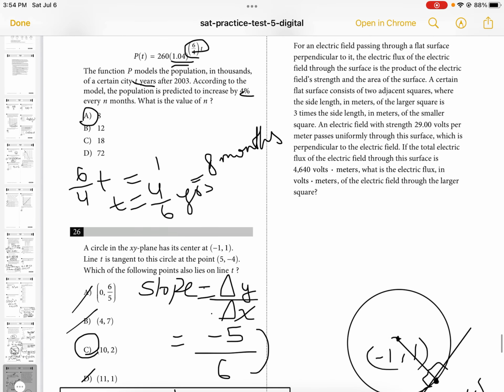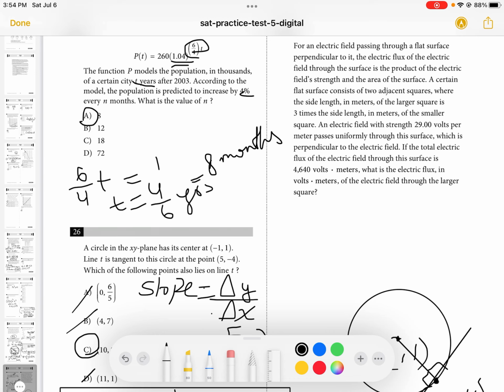Okay. Ooh, this is a lot of words. For an electric field passing through a flat surface perpendicular to it, the electric flux of the electric field through the surface is the product of the electric field strength and the area of the surface. Okay.